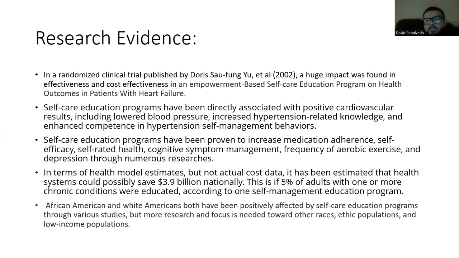So basically, this is a theory which is backed by a lot of evidence. This is how much money healthcare systems everywhere could save in total, $3.9 billion. Again, it's not an actual figure, but a general model.